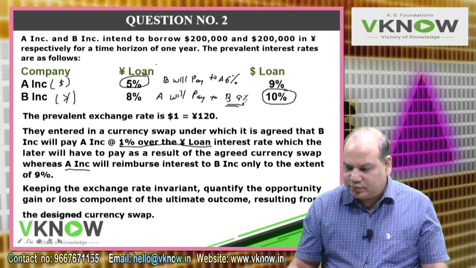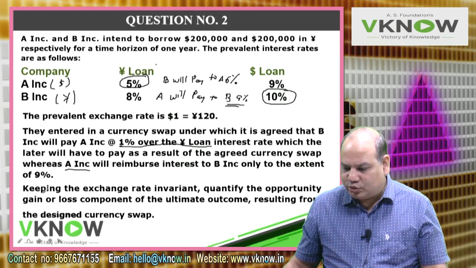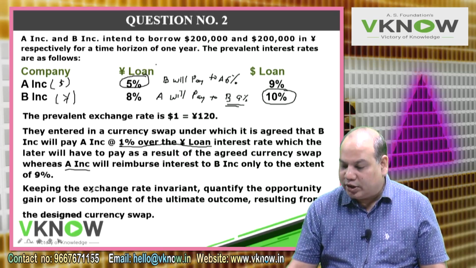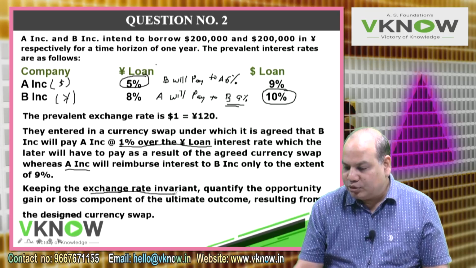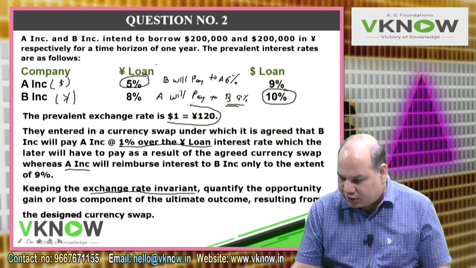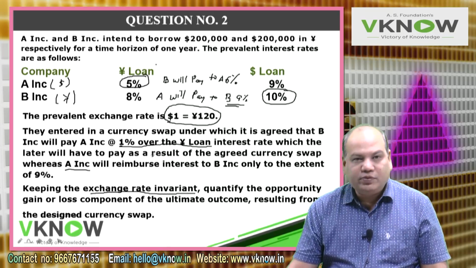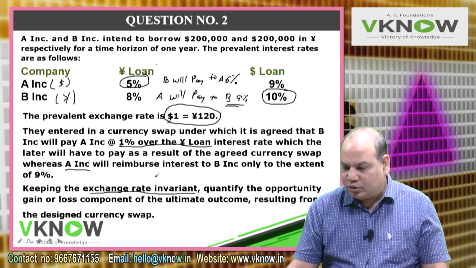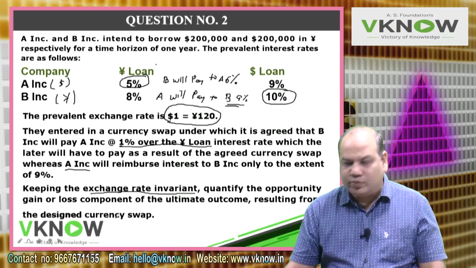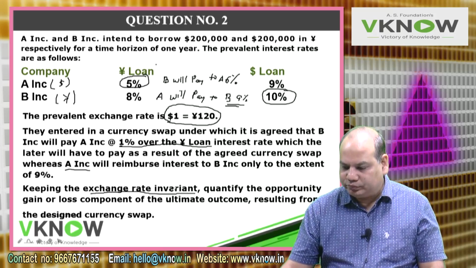Next paragraph, I am going to ask you some questions, so I am not explaining further. Keeping the exchange rate invariant, don't change the exchange rate. The exchange rate will remain the same, 120 yen per dollar. In the previous problem, we had changed the rate. Quantify the opportunity gain or loss component of the ultimate outcome resulting from the designed currency swap.